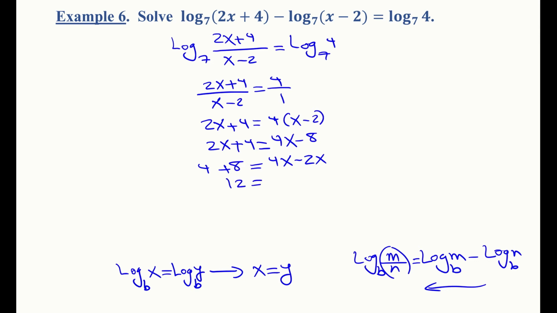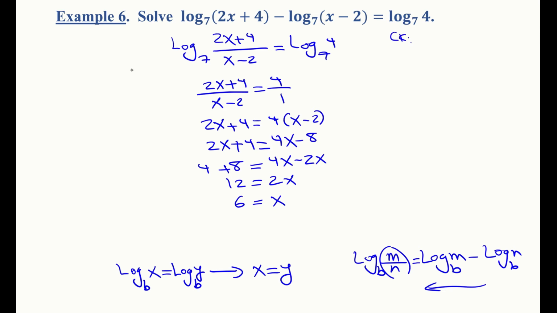So we get 12 equals 2x, or x equals 6. A quick preliminary check tells us that plugging in 6 doesn't make any arguments negative, but let's go ahead and do a full check on it now.